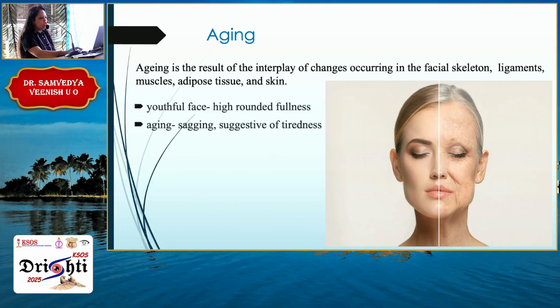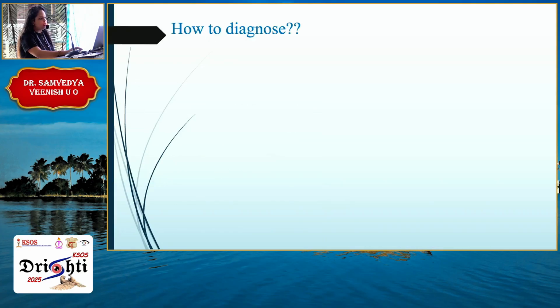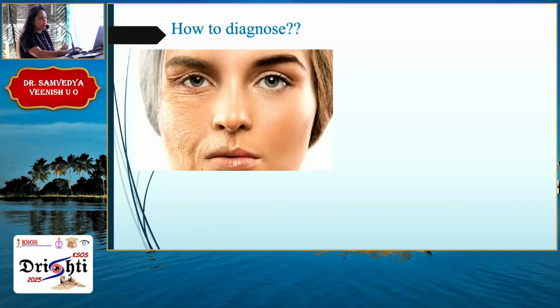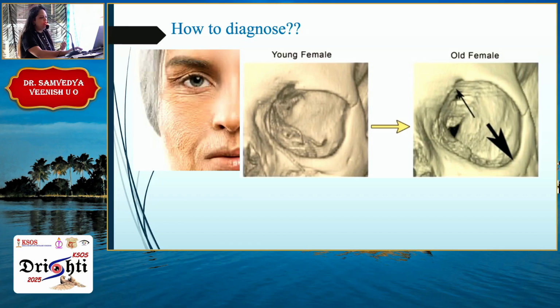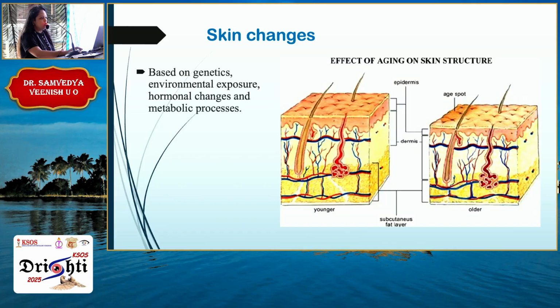Now, the aging changes of the face are basically an interplay of changes occurring in all these 5 layers. How to diagnose? The skin changes are readily visible, and the bony changes are measured by imaging, whereas the other layers are not easily visualized. The skin changes are based on genetics, environmental exposure, and hormonal changes.